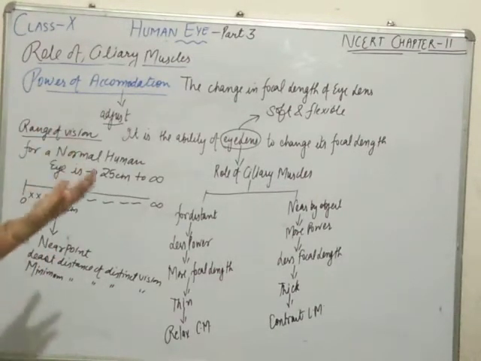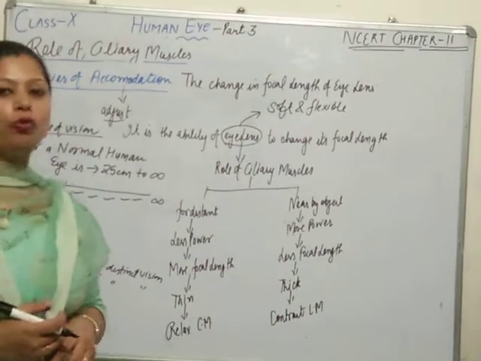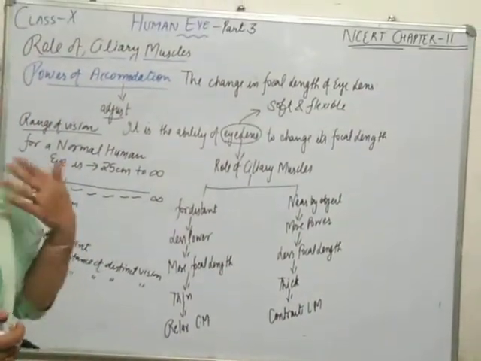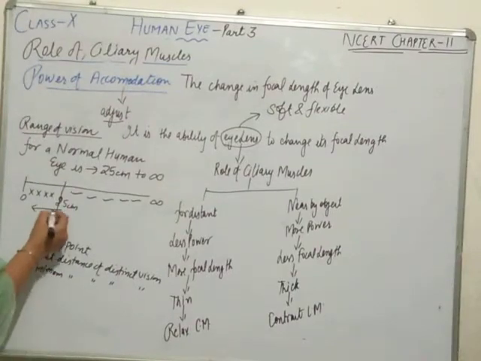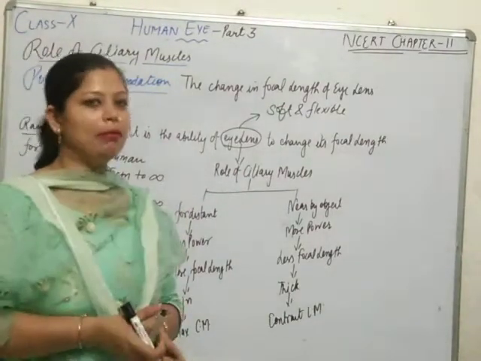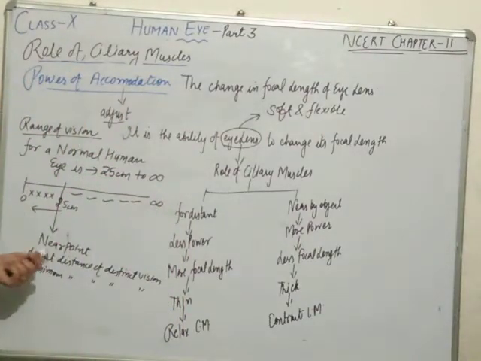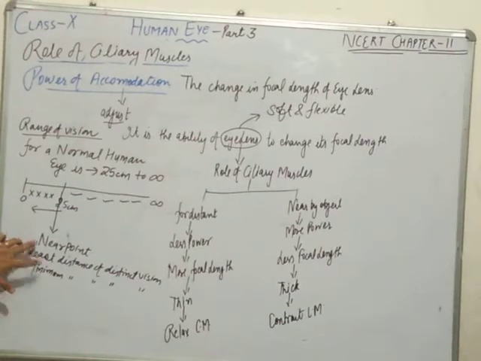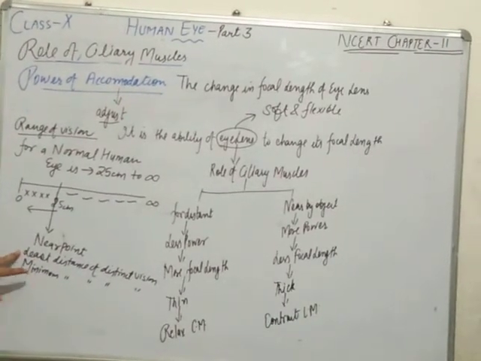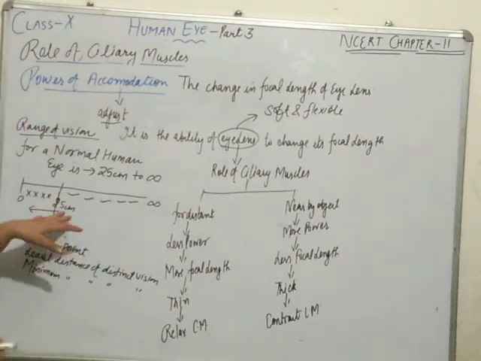Near means closest one. It is the minimum distance up to which a person can see clearly without any strain, that is known as near point or least distance of distinct vision or minimum distance of distinct vision. For a normal eye it is 25 centimeter.